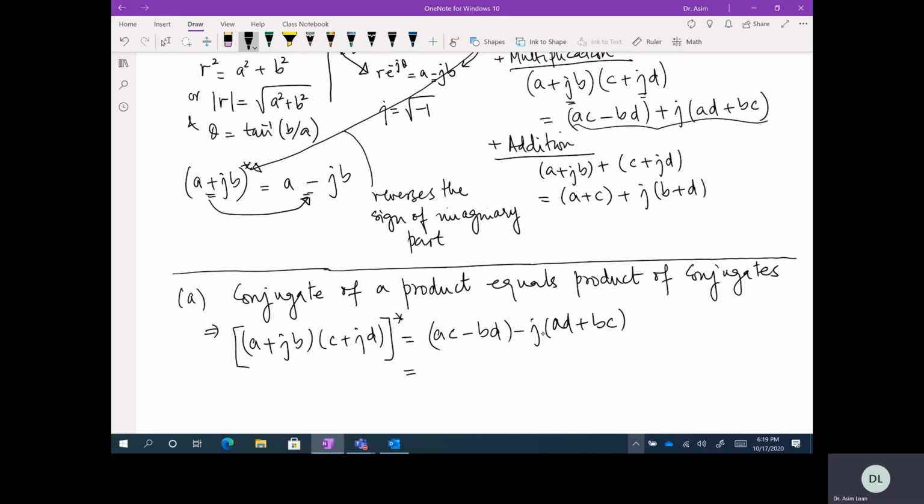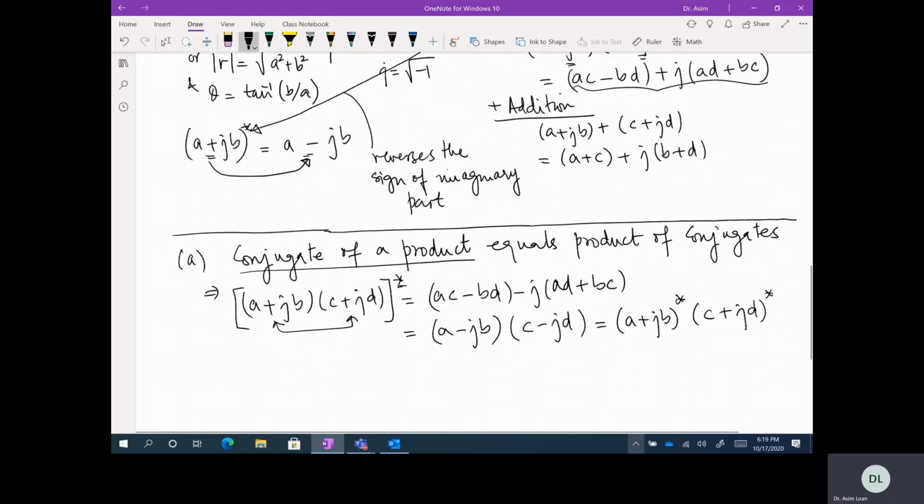But this is simply A minus JB times C minus JD, because when you multiply, this is AC minus BD, then minus JAD minus JBC, which is the conjugate of A plus JB times the conjugate of C plus JD. So the conjugate of a product is simply the product of the conjugates.